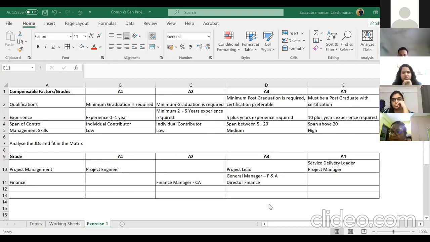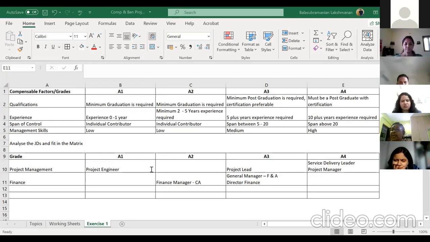Like for example, Usha, I think she's into real estate, so you'll be having a wide category of positions. You may have to have a different grade structure for non-supervisory, typically contractual staff. So that's a call you take depending on the nature of your organization. Okay, guys, carry on.